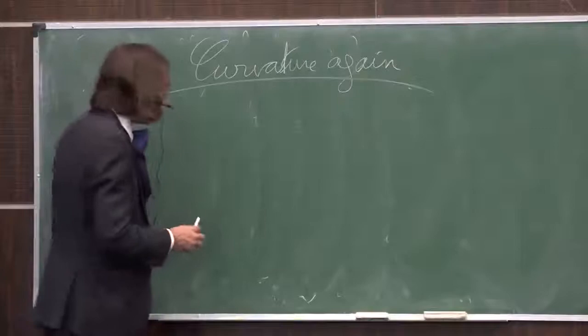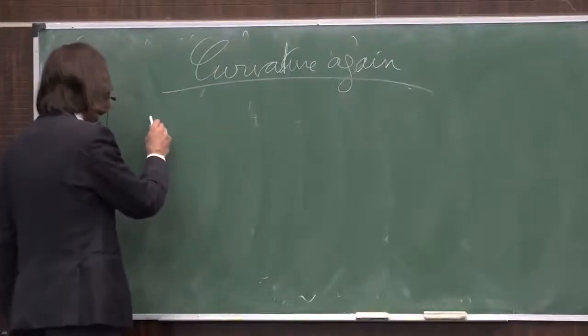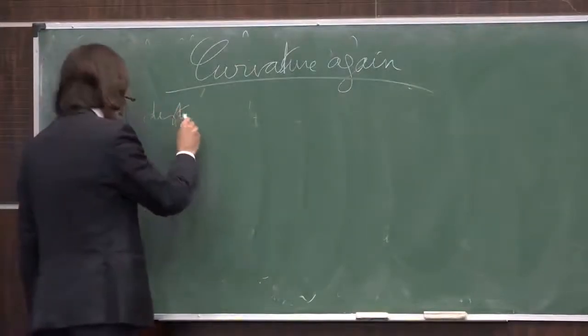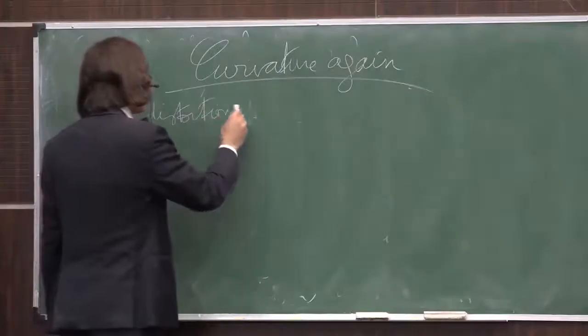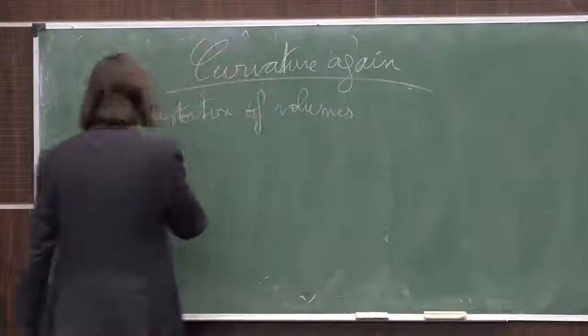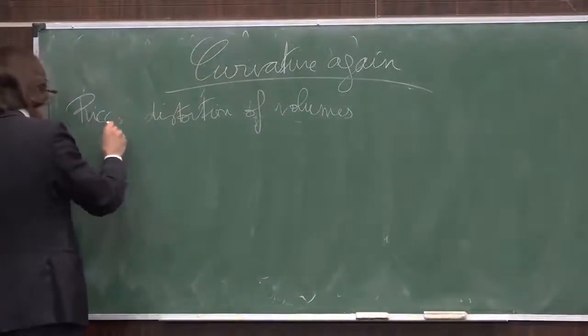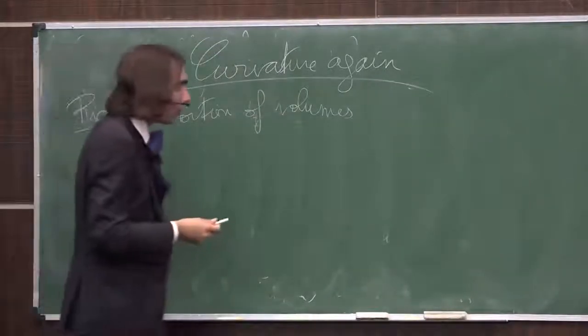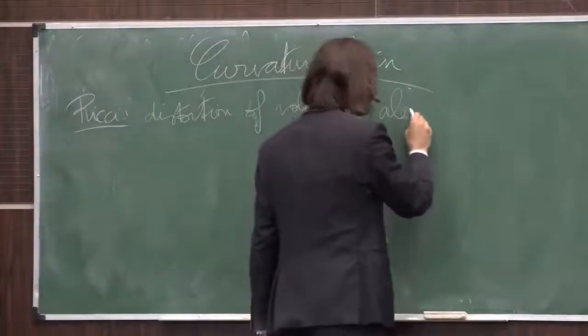So, curvature is about distortion of volumes. So Ricci curvature is about distortion of volumes along geodesics.